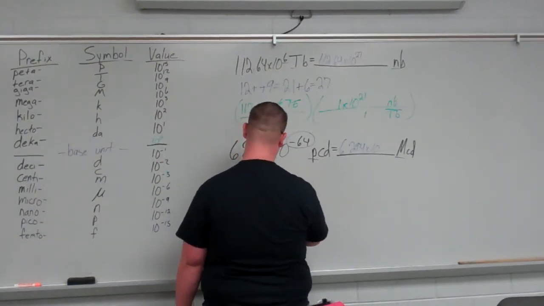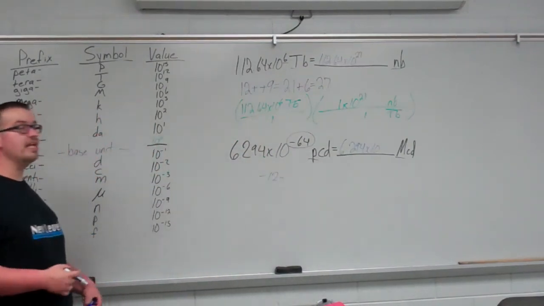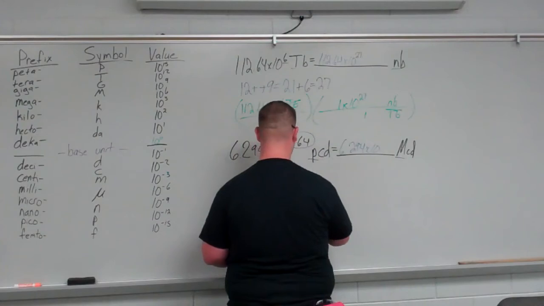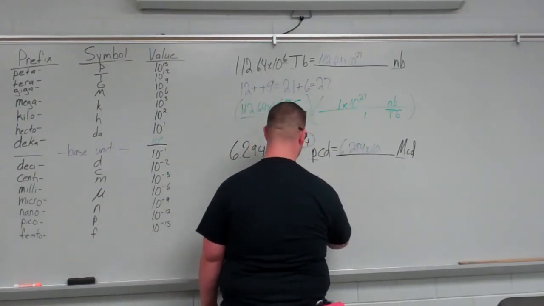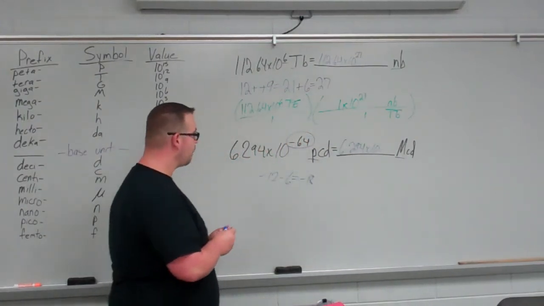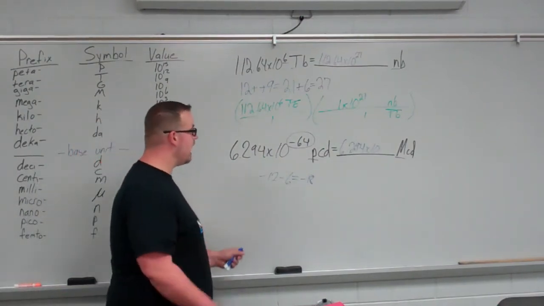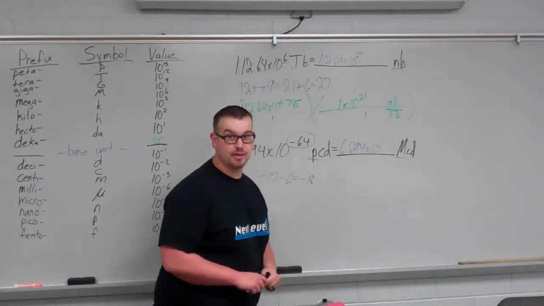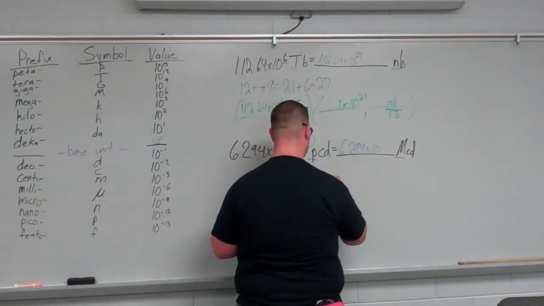Okay, it's negative 12 minus mega. What is mega? 6. Okay, because it's 10 to the 6. Negative 12 minus 6, negative 18. Same process you've had so far. Just with the added step, because we have this exponent now, we're going to add this step right here to it. So we're going to add a negative 64.